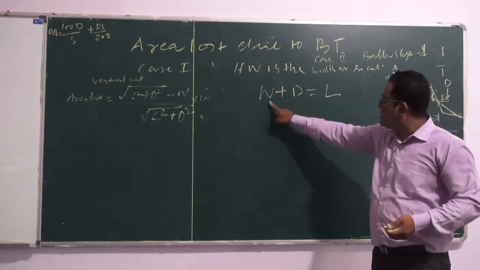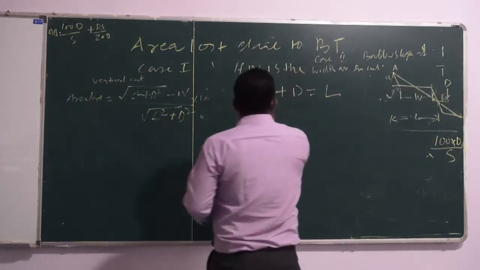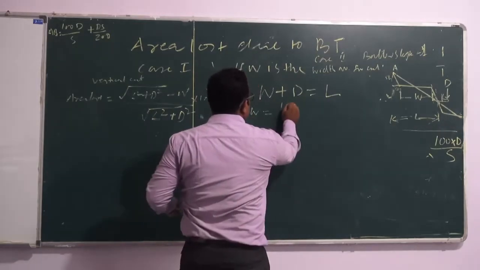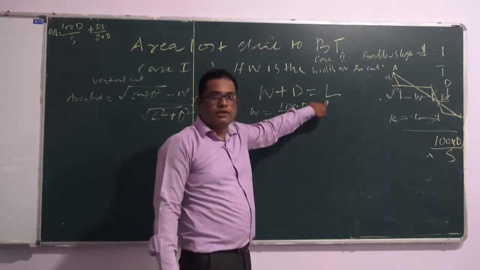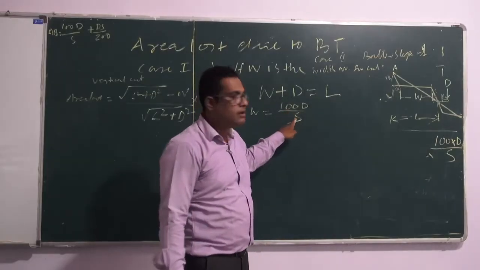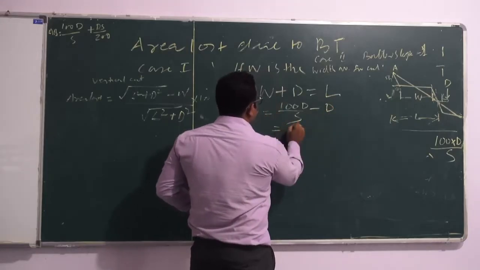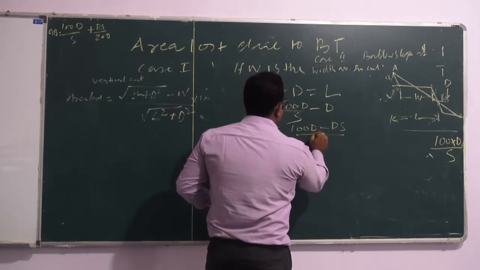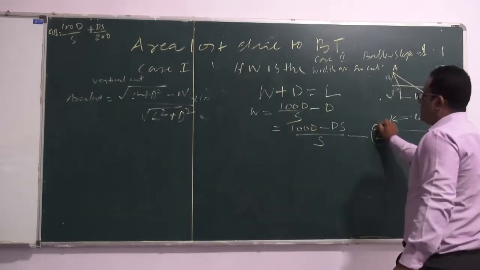Now what we have to do is we have to find this W. So this W is equal to L below is 100 D by S. This is the horizontal interval, vertical by horizontal is equal to S by 100. Through that we have got this one minus D, or this will be 100 D minus DS by S. So this is your equation.